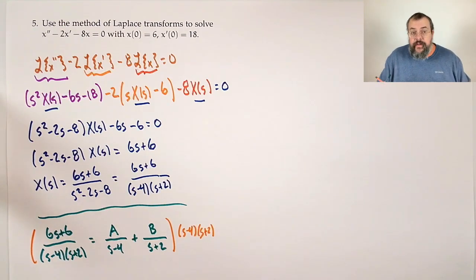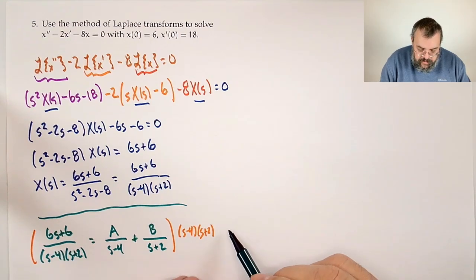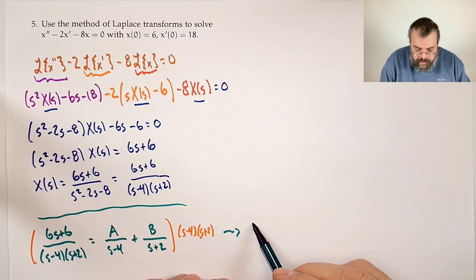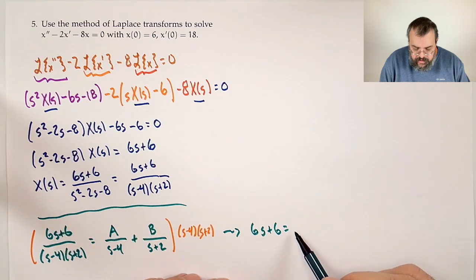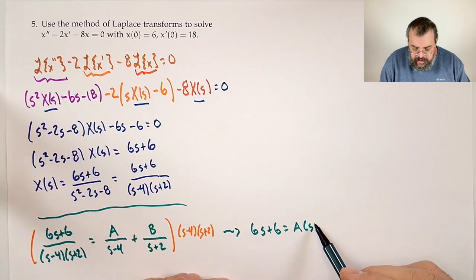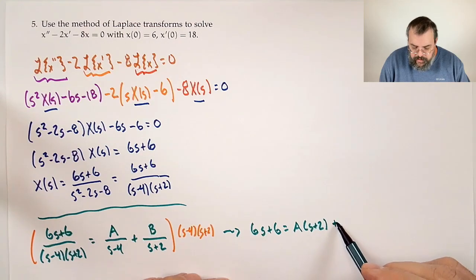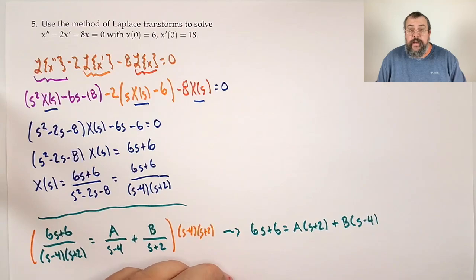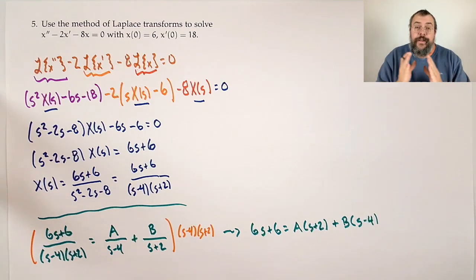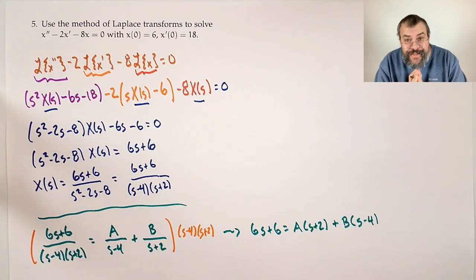Whatever this denominator is, clear it out. And that'll lead us to the following equation. 6 times s plus 6 is going to equal a times s plus 2 plus b times s minus 4.